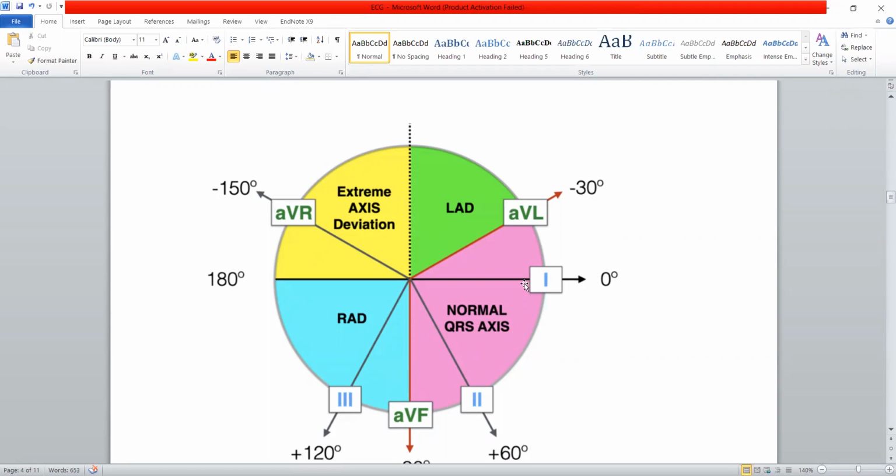It means current is flowing away from lead 1, in this direction, not towards lead 1. And the QRS complex is positive in AVF, so current is flowing towards AVF. So the cardiac axis is between this point and this point, and normally the cardiac axis was here, so it is deviated towards the right, and we call it right axis deviation.